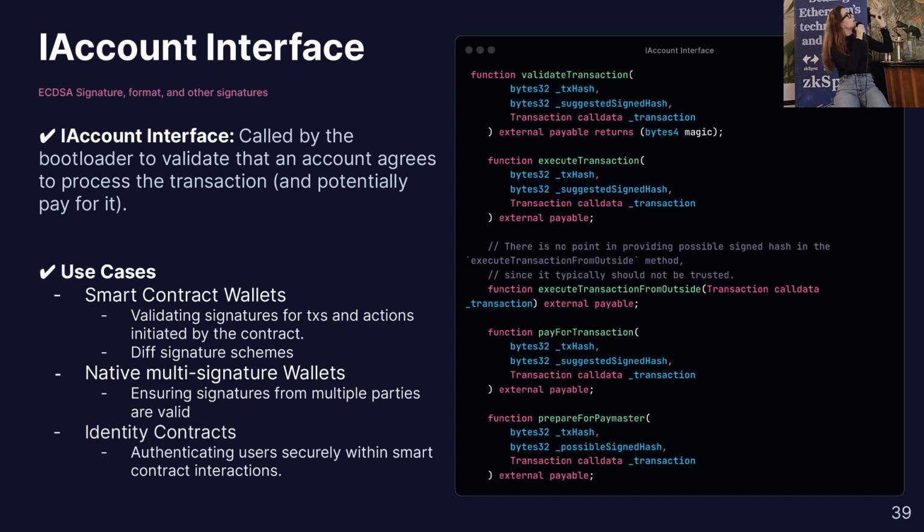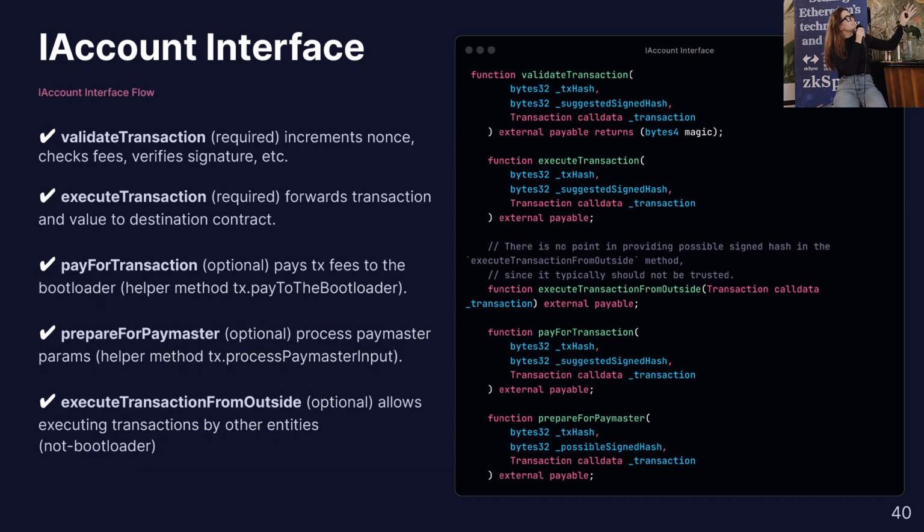The account interface is called by the bootloader that we mentioned earlier and validates all the transactions that come in this part. The use cases that I mentioned a little earlier are here, but on a more technical layer, we can have different validating signatures for transactions and actions based on those signature validation processes, right?